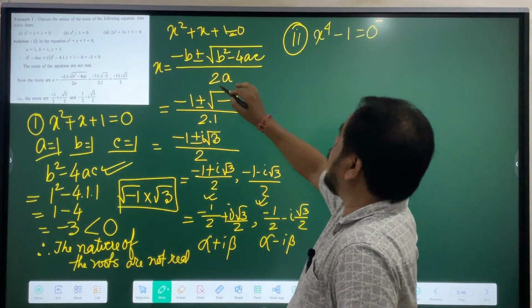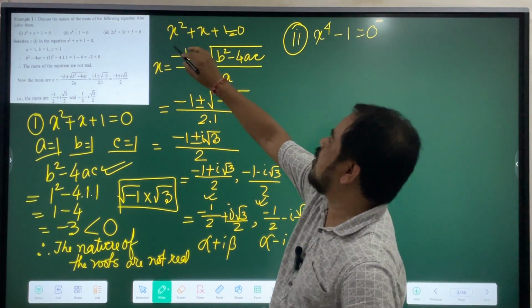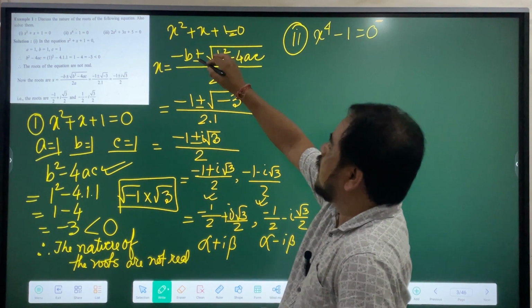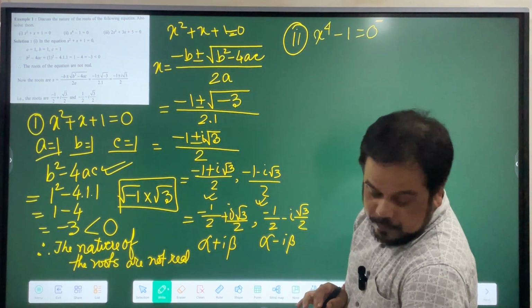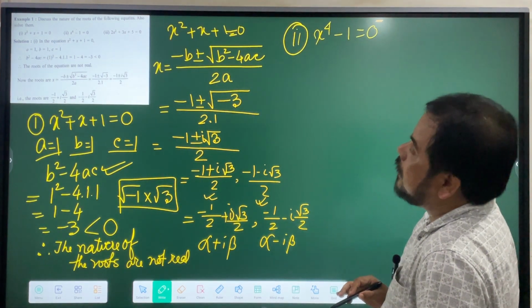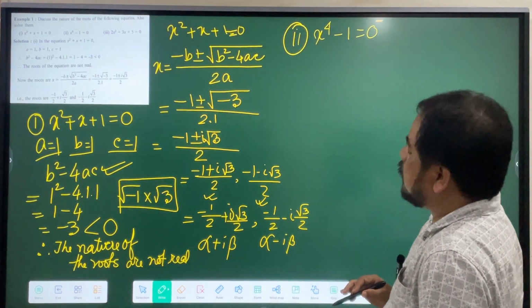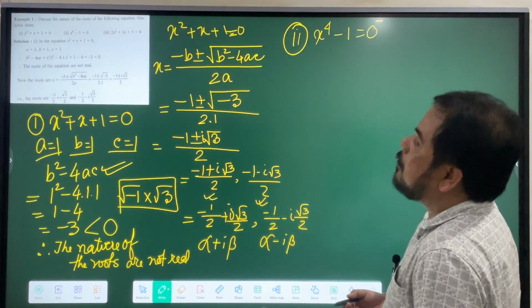We cannot apply it here, because here the highest power of x is 4. If the highest power of x is 2, that is a quadratic equation, then only we can apply this formula. Okay, but here we cannot apply, because b is not there, but still we can make b.